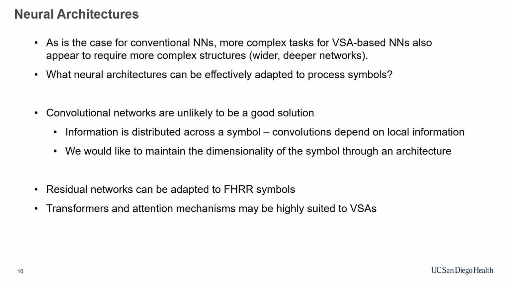Another thing is that convolutional networks often change shape. You have certain sets of kernels and channels which are scaling up and down and changing the dimensionality of the problem a lot along the way. And so we'd like an architecture which can maintain a set dimensionality through the problem.